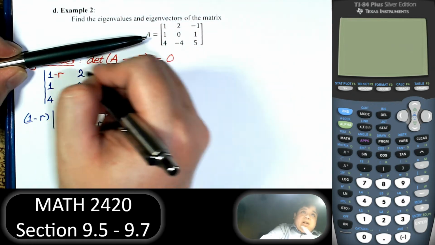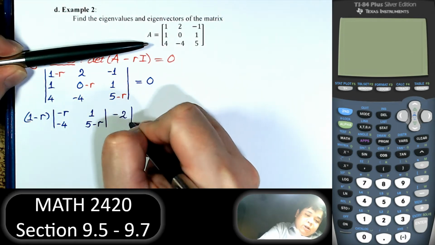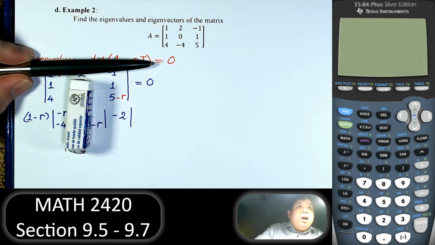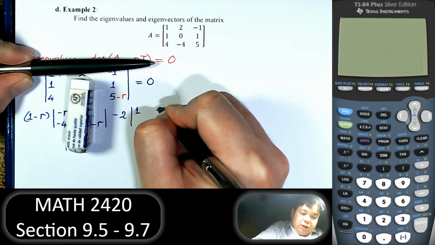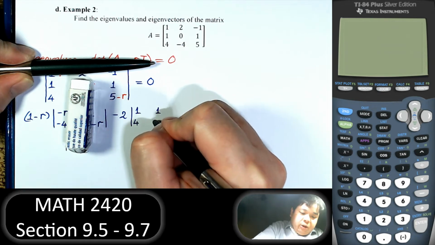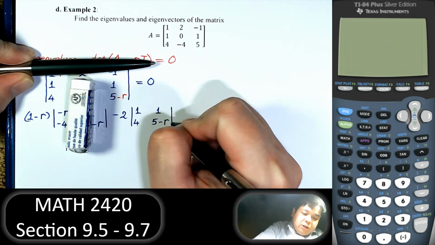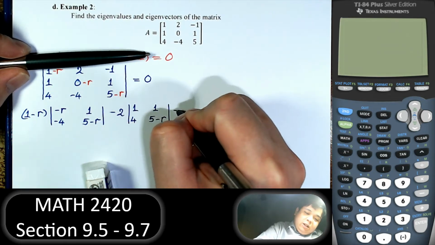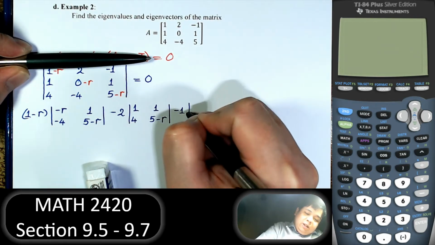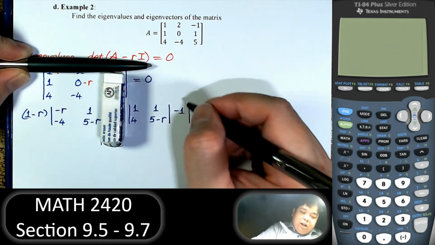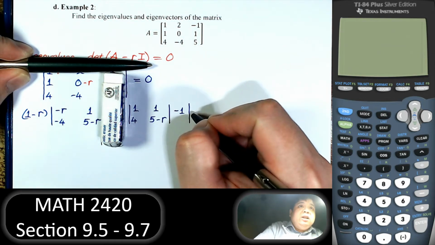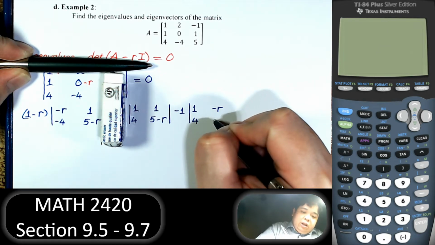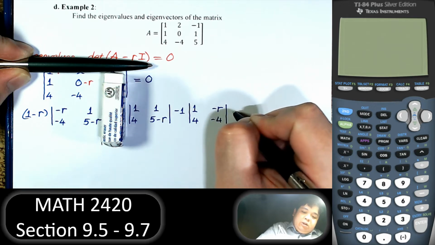Now I'll evaluate based on the first row. Subtract 2. Now cover the row and the column containing 2. We are left with 1, 1, 4, 5 minus r. And then the next one is minus 1 times, cover the row and the column containing that entry. We have 1, negative r, 4, negative 4, equal to 0.